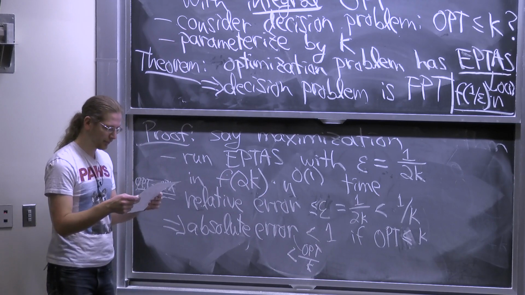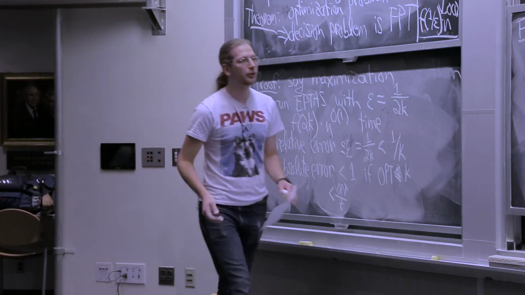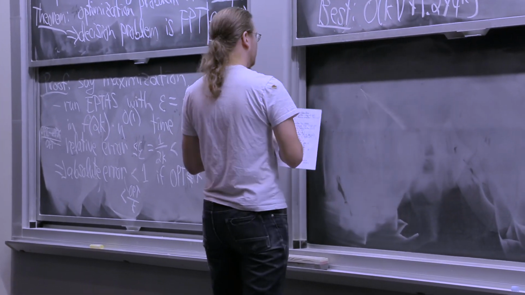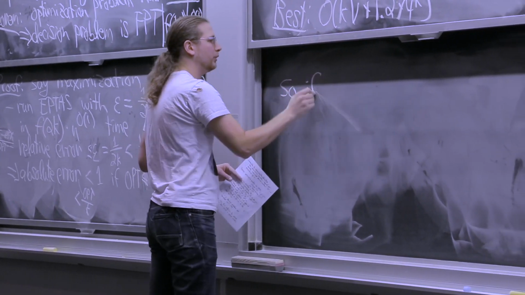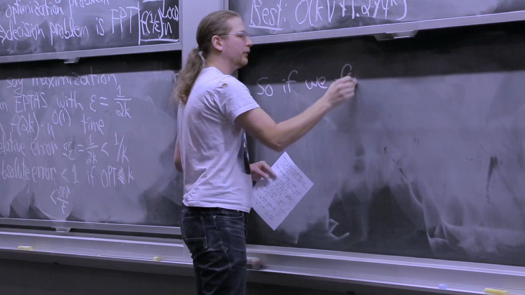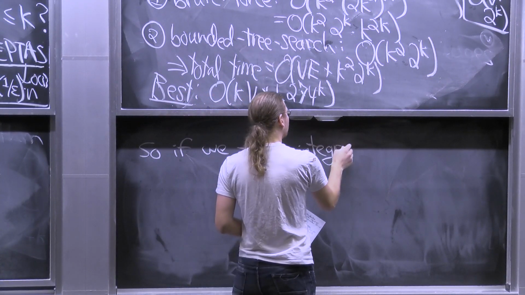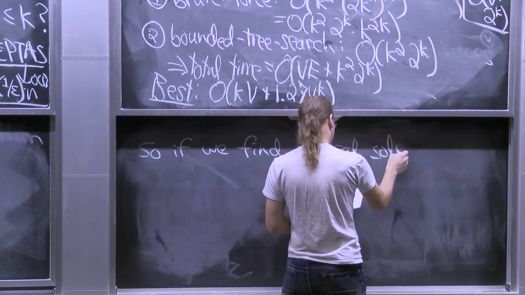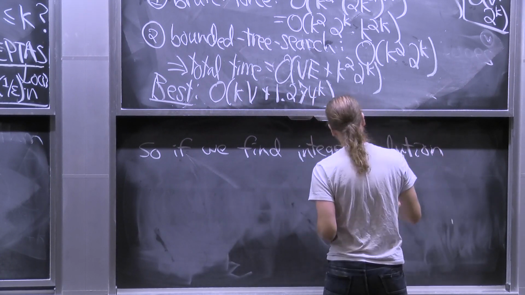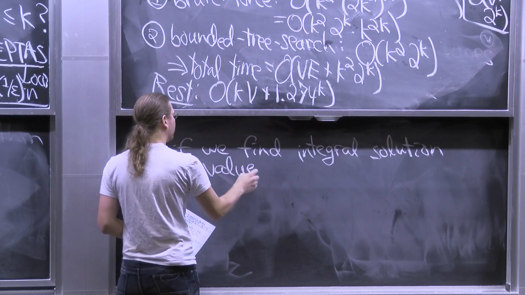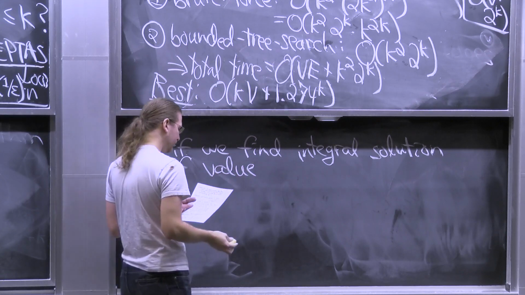I have that written down more formally, so let's go over here. If we find an integral solution, value is the objective function we're trying to maximize.